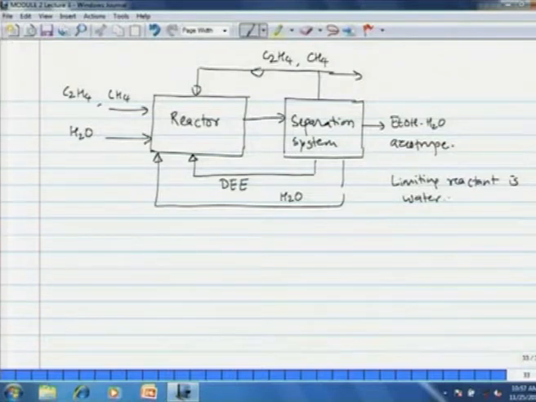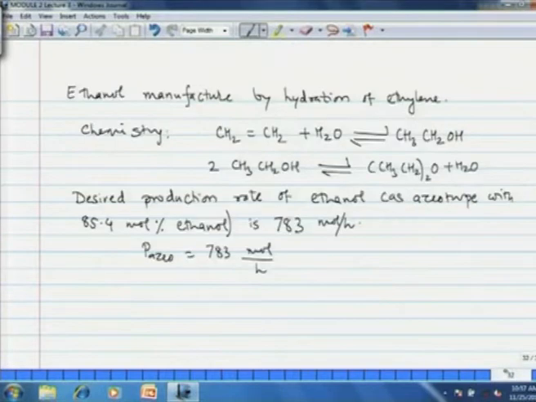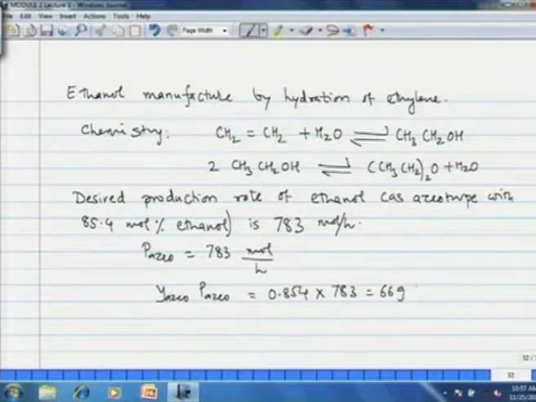Okay. Now, we try to give the balance in a similar way as we did for HDA process. So, the production rate of azeotrope P azeo is 783 mole per hour. This contains absolute ethanol, 669 mole per hour, where Y azeo is the mole fraction of pure ethanol or absolute ethanol in the azeotrope.